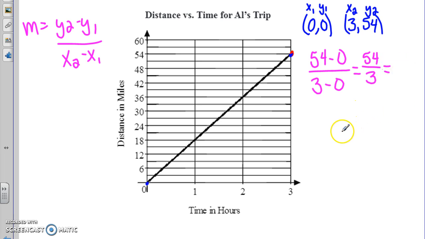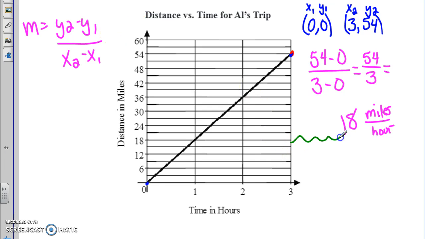And then 54 divided by 3 is 18 miles per hour. Okay? Alright, so you would write a sentence saying Al's average speed for the time interval 0 less than or equal to t less than or equal to 3 is 18 miles per hour.